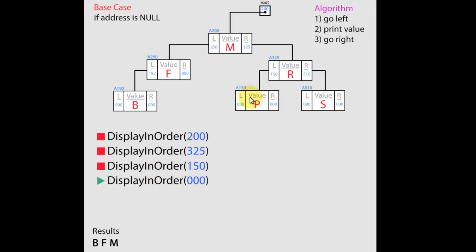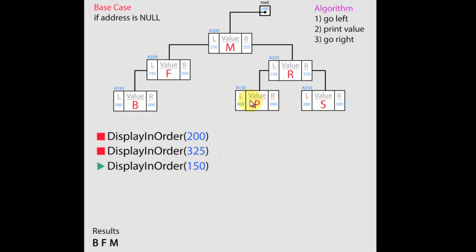Okay, so then we pause this function call here for 150. We move to the left, we go to the address here 000, which meets our base case. So then we know we've reached the end. So we can go ahead and remove this function call from the call stack since it met the base case.